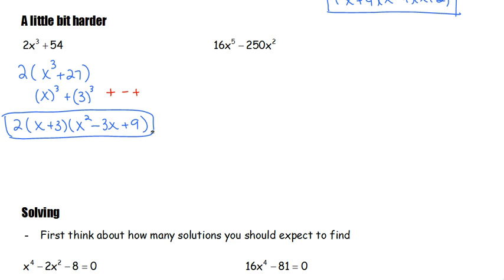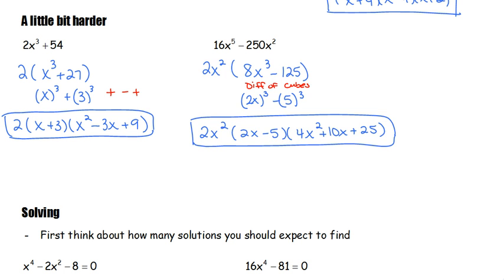Why don't you go ahead and press pause and try the second one all on your own. Alright, let's see how you did. You pulled out a GCF of 2x squared, or at least you should have pulled out a GCF of 2x squared. We are left with 8x cubed minus 125 on the inside. That is the difference of two cubes.